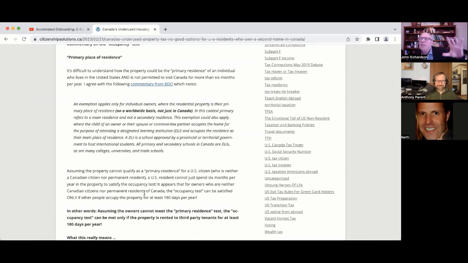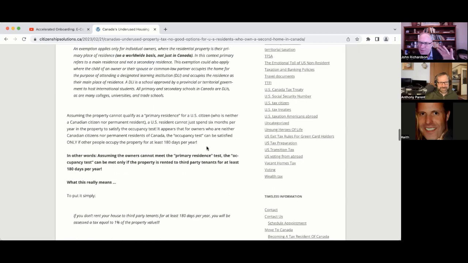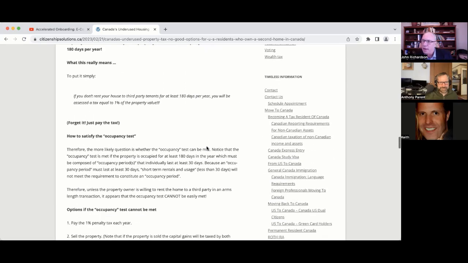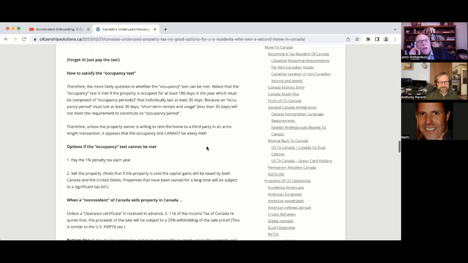But let me go over succinctly, in point form, why this is a problem and why people are going to have to sell or accept the tax. First of all, we start from the principle that anybody who's not a Canadian citizen or permanent resident is what's called an affected owner.